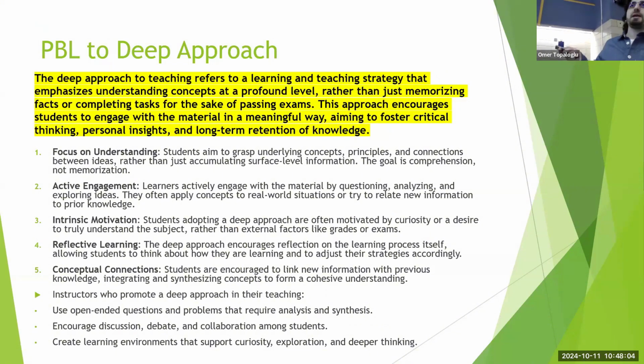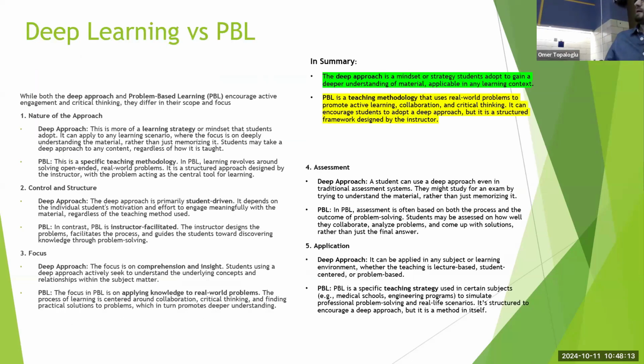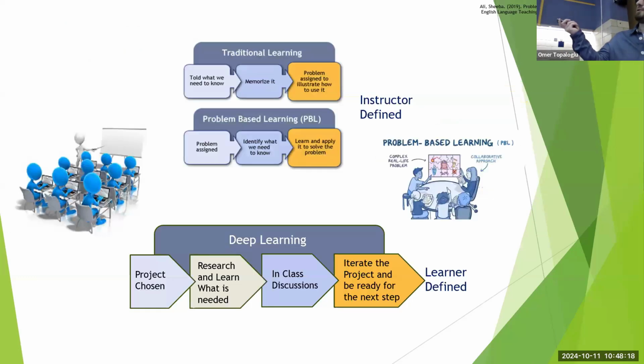Instead of project-based learning, let's switch to the deep approach. The deep approach is nothing but project-based learning, but with a little twist. The twist here is that instead of defining the problems for the students and then trying to identify what is important for them, we will switch the learning setup so that students choose their own projects, and then they research and learn what is needed for them.